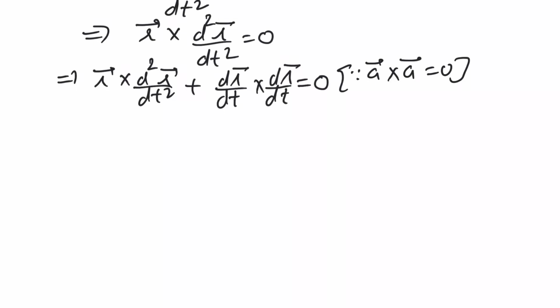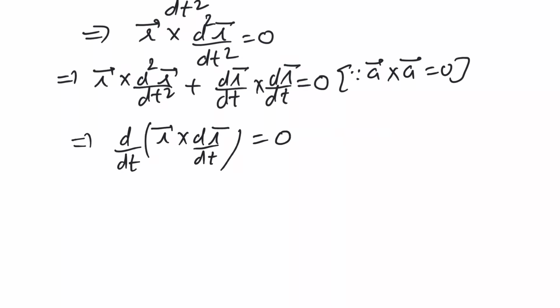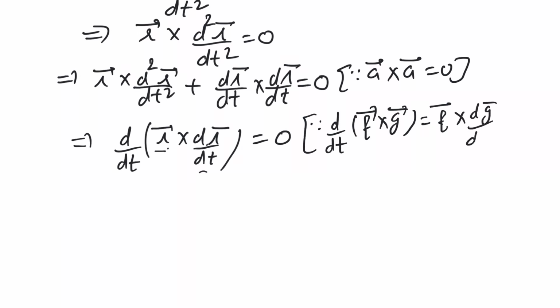This can be further written as d by dt of r cross dr by dt equal to 0, because we have applied the rule for differentiation of a cross product, where we keep the first vector as such and differentiate the second, then differentiate the first and keep the second as such.